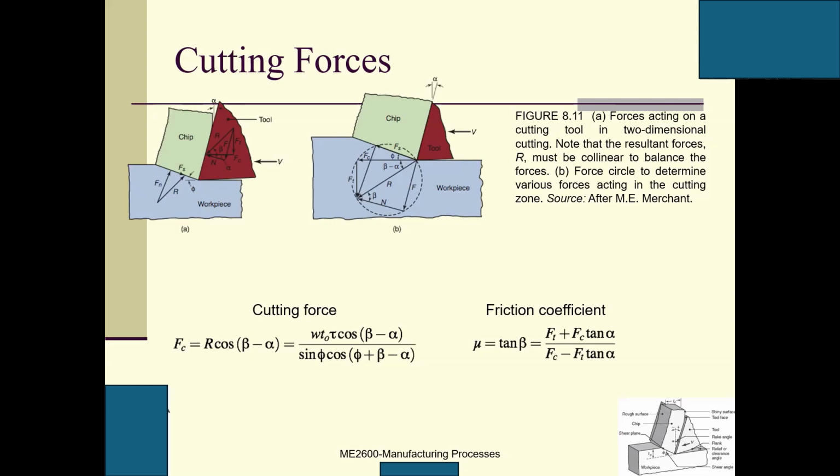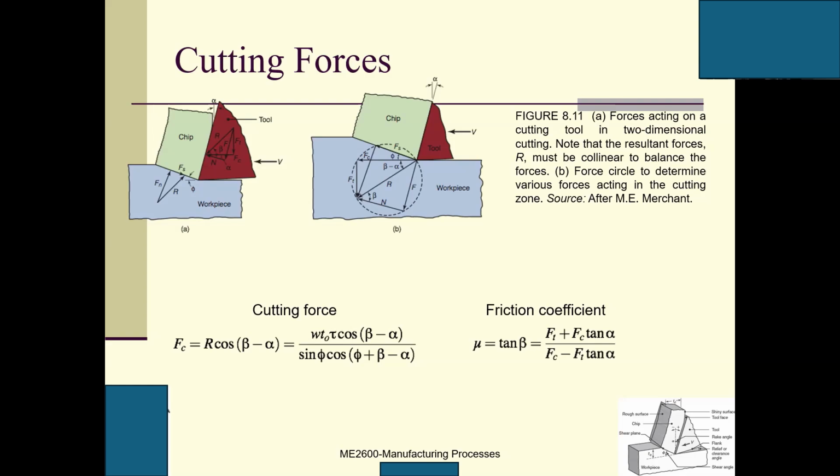Then we will have Fc, the cutting force, and Ft. What does the T stand for? Thrust. Thrust means perpendicular to the cutting direction, so Ft is the thrust force. Fc is the cutting force, which is the force in the direction of cutting. So here we have R, Ft, Fc.